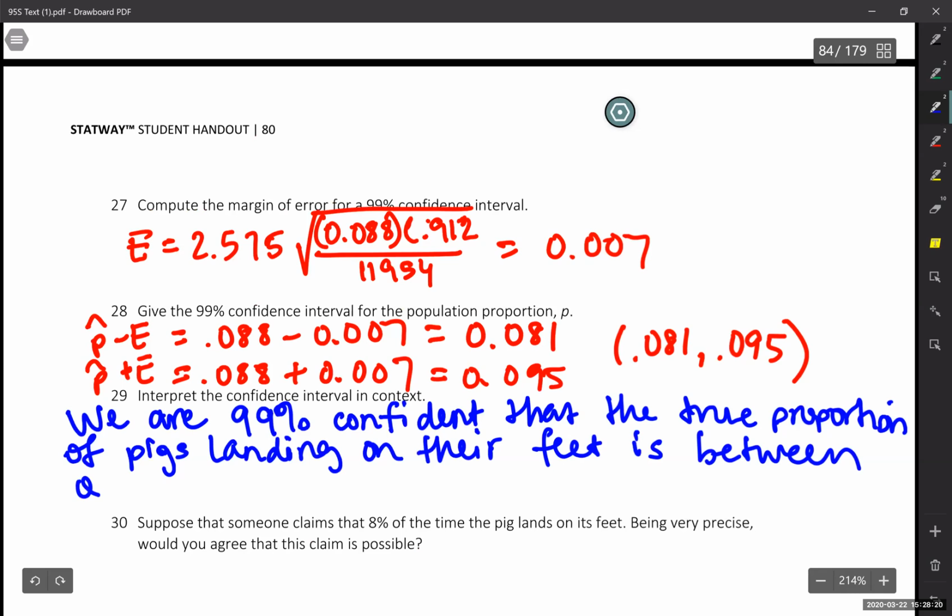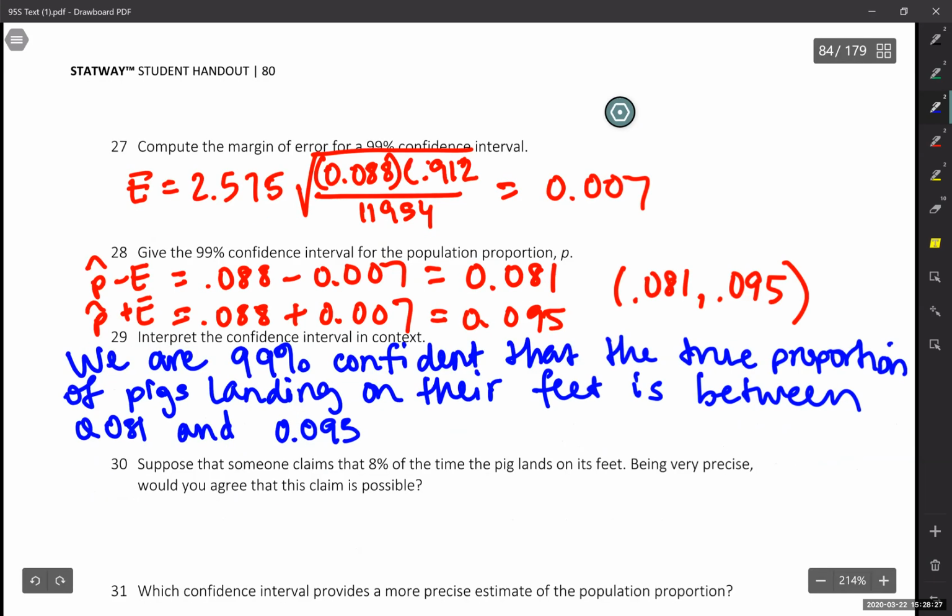All right, suppose someone claims that 8% of the time the pig lands on its feet. Would you say this is possible? I would say I can't really say 8% of the time this would happen, because my 99% confidence interval from the previous problem started at 8.1%. And I'm 99% confident in that.